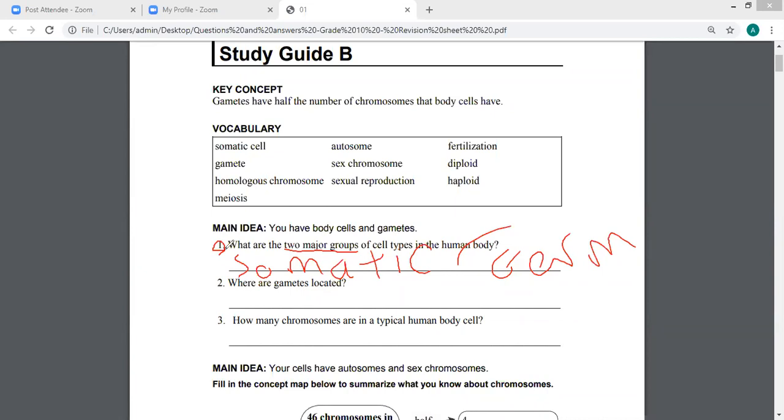Ovaries and testes. Yeah. And ovaries. Right, Mahmoud. Thank you. Okay. Your participation has grades. So you can find gametes in reproductive organs.